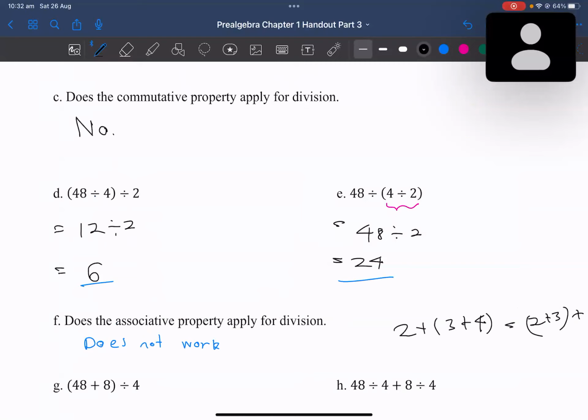If you do 4 divided by 2 first, you get 24 in the end. So with division, do it from left to right unless there are brackets, because the answer can change. It's not like multiplication where you can choose which one to do first. Does this make sense? If I put no brackets and just do 48 divided by 4 divided by 2, which one do you do first?